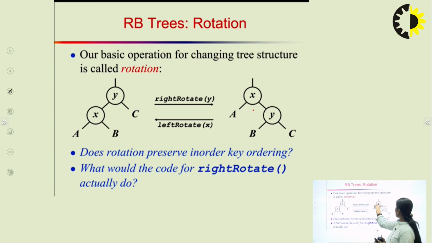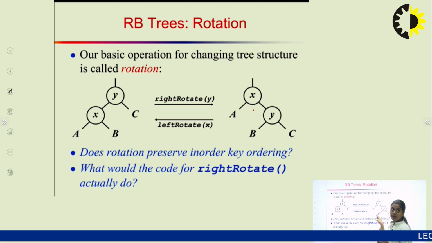Actually, when we are stretching this X down, then Y becomes the parent and X becomes the left child of Y. Then the left child of Y becomes the right child of X. This is the solution whether we are doing the right rotation or the left rotation.